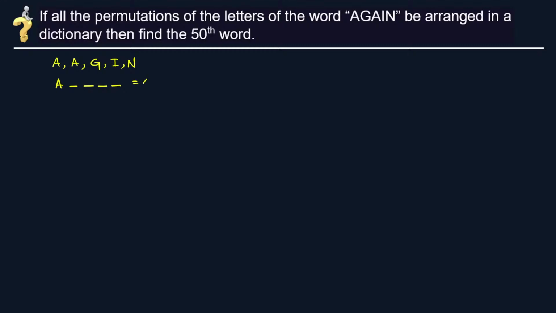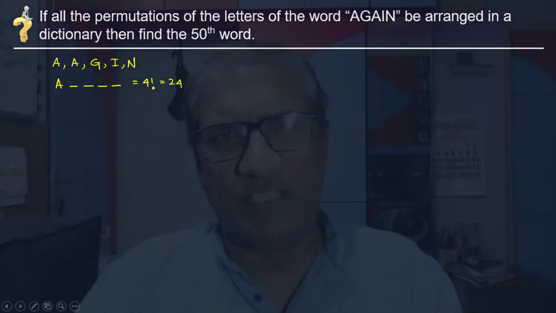So they can arrange among themselves in factorial 4 different ways. So that is coming to 24 words. So those 24 words, already we have put in the dictionary, one by one, right? Alphabetically, because it has all started with A. So that will come in the first place.